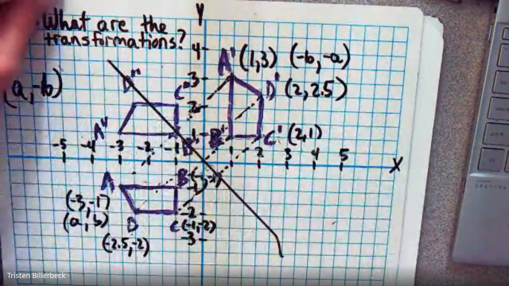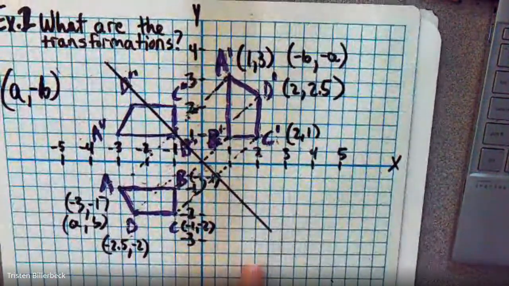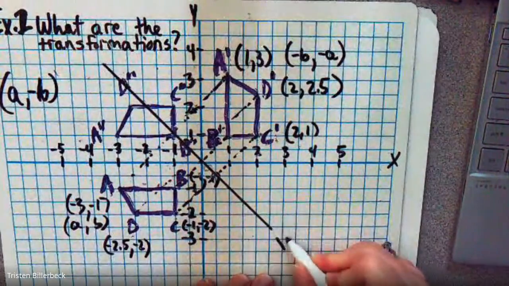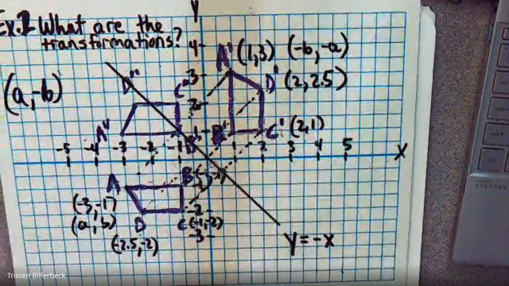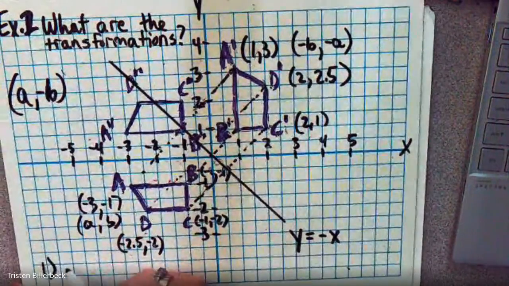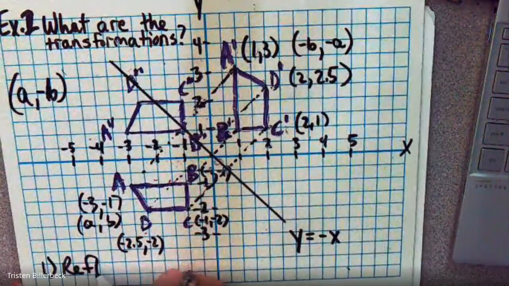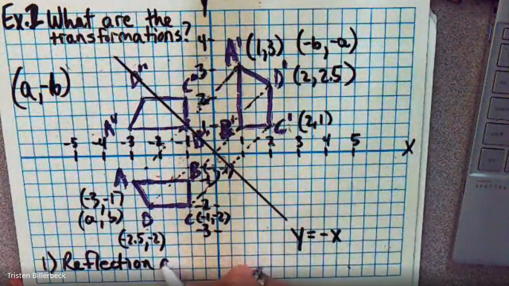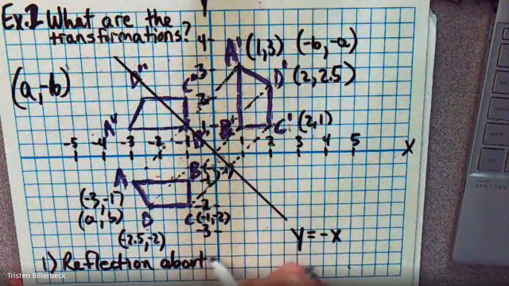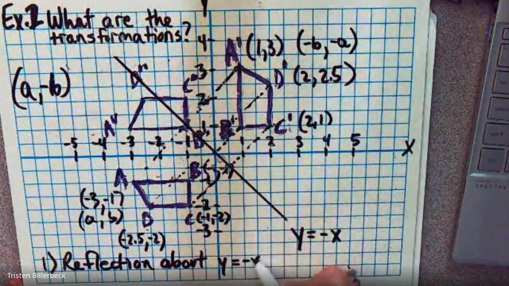So we have a reflection, and this is called y equals negative x. So our first transformation is a reflection about y equals negative x.